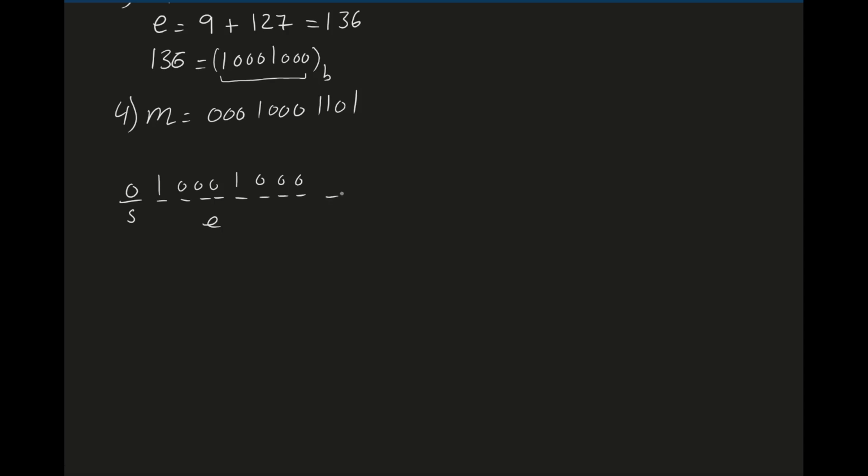So I have 23 bits, sorry, for the mantissa, right? So 1, okay, and then I bring down this value here, 0, 0, 0, 1, 0, 0, 0, 1, 1, 0, 1, and then the remaining bits are 0.